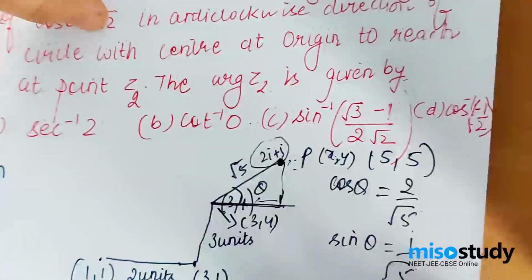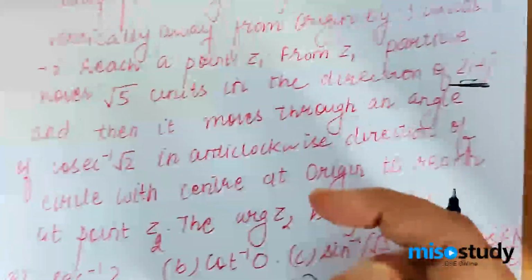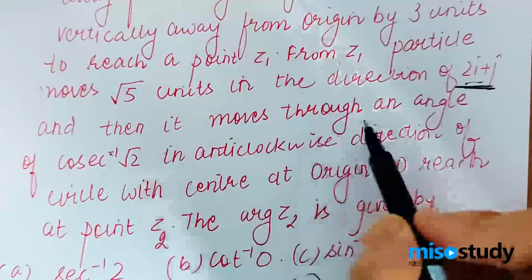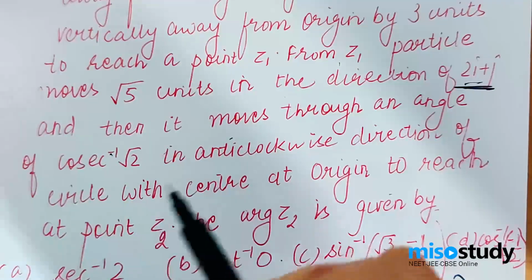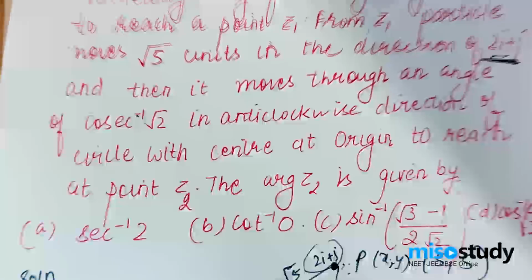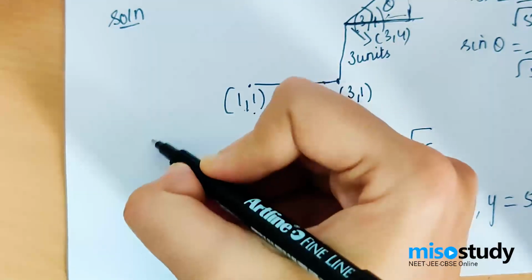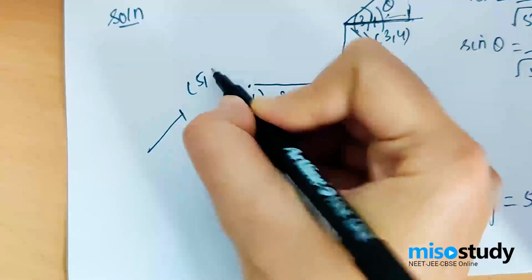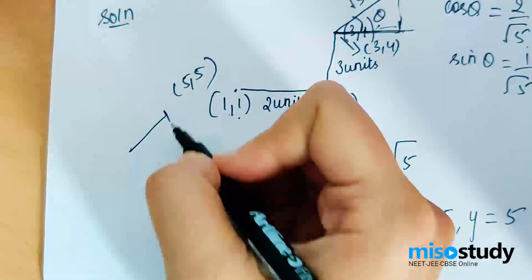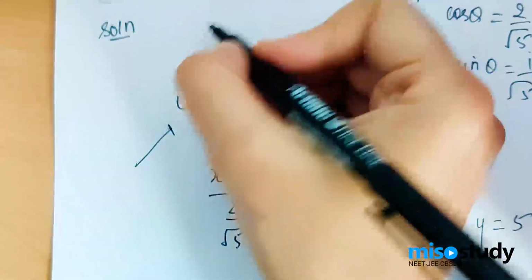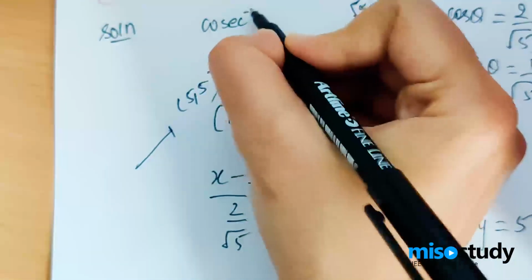Now the last step says that it moves through an angle of cosecant inverse root 2 in the anti-clockwise direction of a circle with center at origin. After reaching this point (5, 5), it is rotated through an angle of cosecant inverse root 2. Then what is the angle?